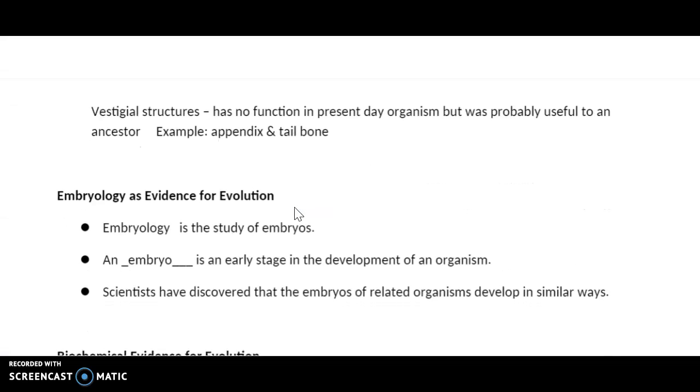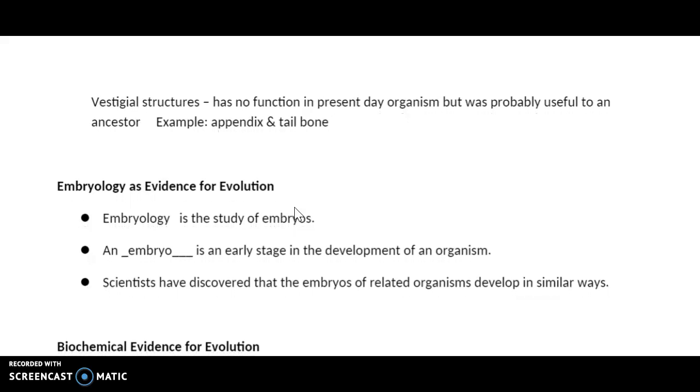Then we have what are called vestigial structures. Vestigial structures are said to have no function in the present-day organism, but were probably useful in an ancestor. For example, the appendix has been considered a vestigial structure for a while. They would just randomly take it out so they didn't have to deal with it later. But we're now learning that the appendix may have some important functions in maintaining the biome of the gut.